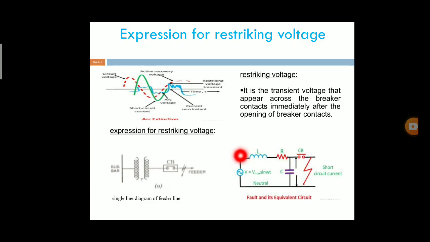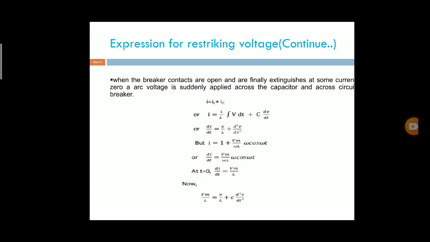Due to that inductance and capacitance, there is some fault current. Due to that current, some restriking voltage will be obtained. Therefore, I equal to IL plus IC. The resistance value will be neglected.